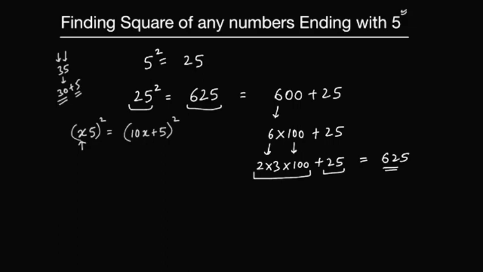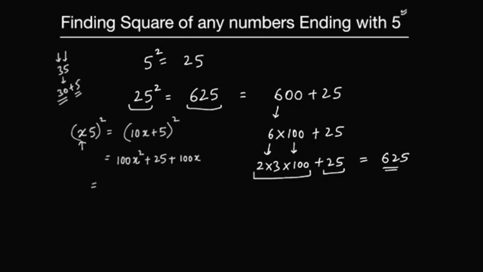It can be a 2-digit number, it can be a 3-digit number, but 5 should be there at the unit place. Now if we solve (10x plus 5) whole square, what do we get? Using the same formula, A square, so 10 times 10 is 100, x is x square, 5 square is 25, plus 2AB. So 2 times 10x gives you 20x, and 20x into 5 results in 100x, right?